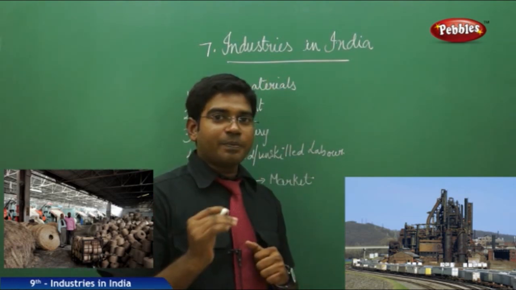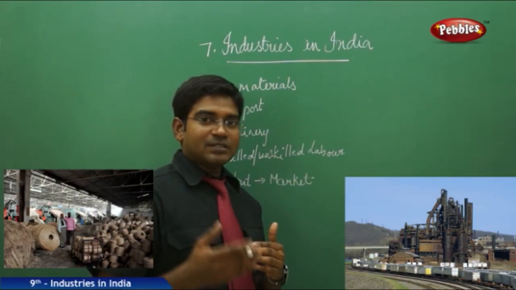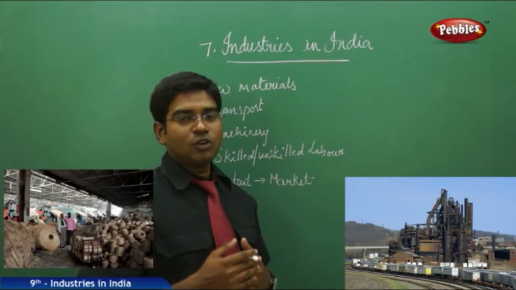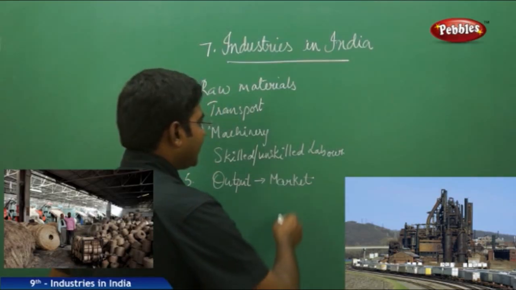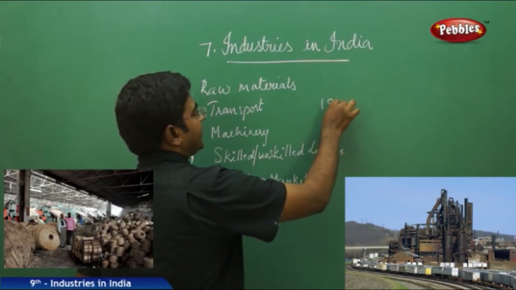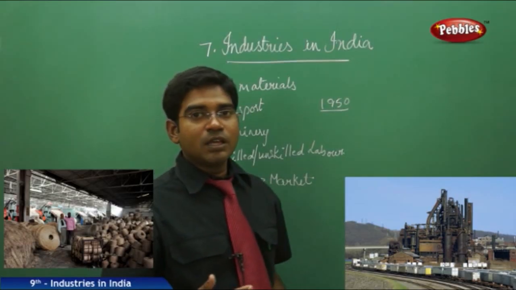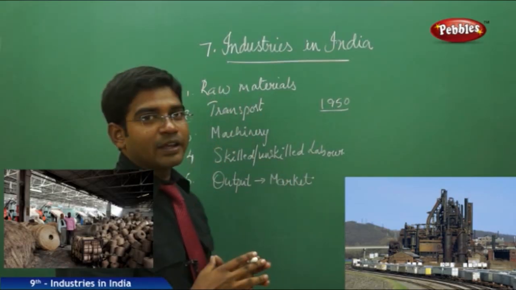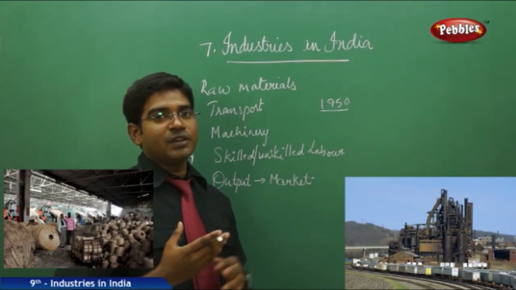Now moving on to the topic, industries in India. Before the Britishers arrived in India, India did not have many industries located. But as soon as India achieved independence and became a republic in 1950, the focus on the development of industries was clearly concentrated in order to attain self-sufficiency in various fields.